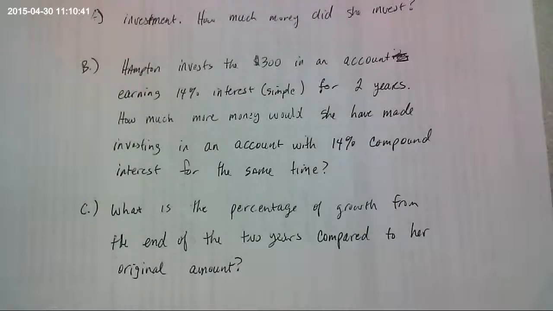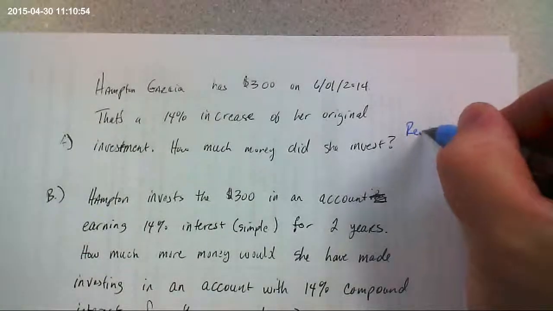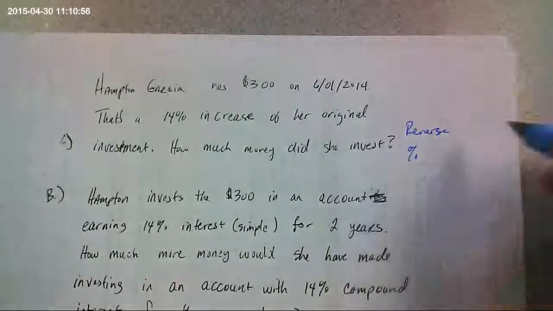Then part C says, what is the percentage of growth from the end of the 2 years compared to her original amount? So what we have here, for this first problem, is a classic reverse percentage problem.